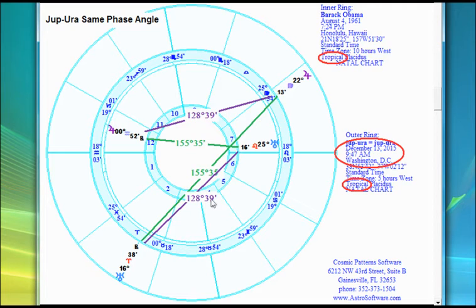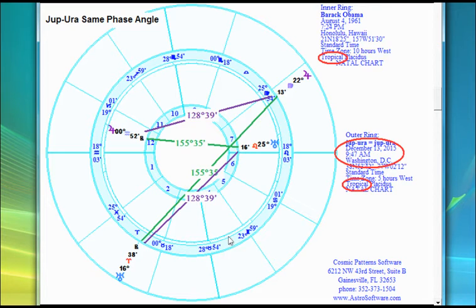So let me say that again. Whenever you have a phase angle return, which means that we look at the same two planets, and the angle is the same in the natal chart and in the transiting chart, and in the same phase, meaning Jupiter is 155 past Uranus in the natal chart, and Jupiter is 155 degrees, same distance ahead of Uranus in the transiting chart.